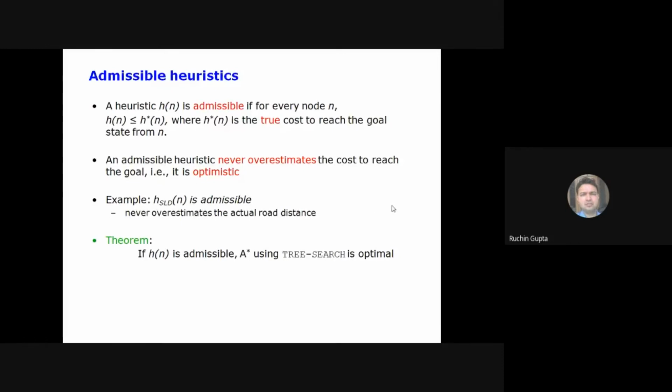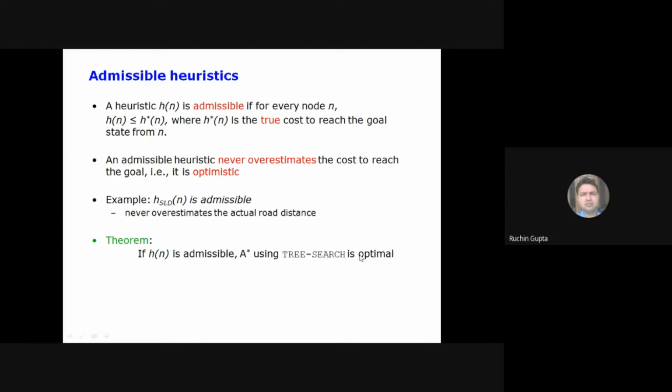Now, we have seen that the earlier example has used a heuristic, and the heuristic is what? The straight line or the airline distance between the cities. So it is not the case that any kind of heuristic we can use. This heuristic function has a property that is called the admissible property.